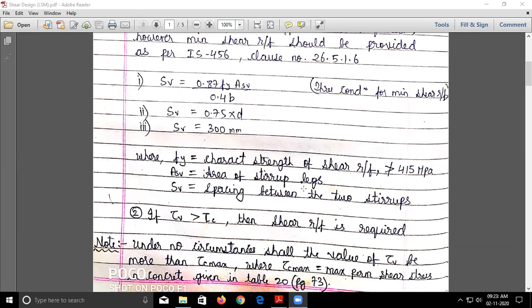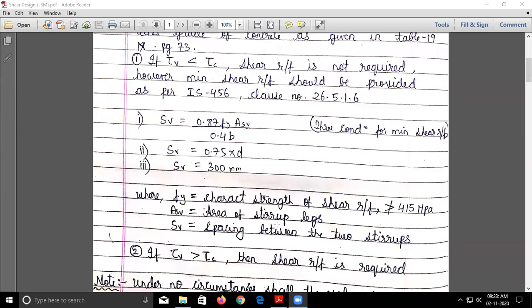What is tau v? Tau v is a force, it is the breaking force actually, the shear that is acting on the beam. And what is tau c? It is the saving force or the resistance force. So tau c we can also say is the design shear strength of RCC.